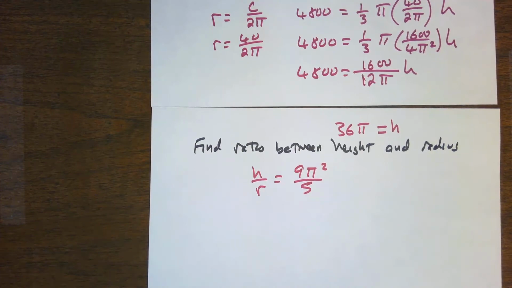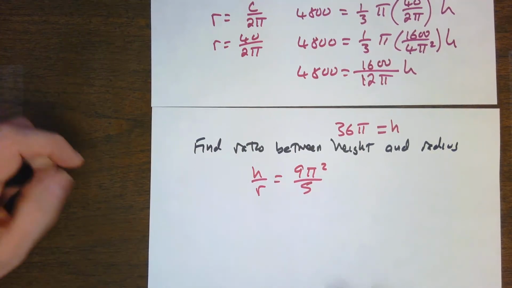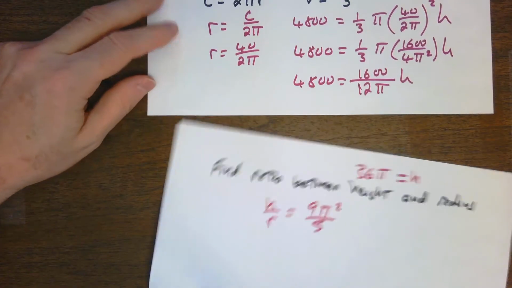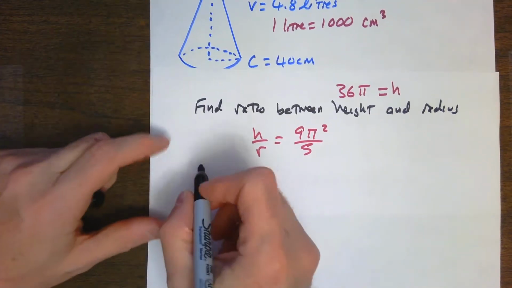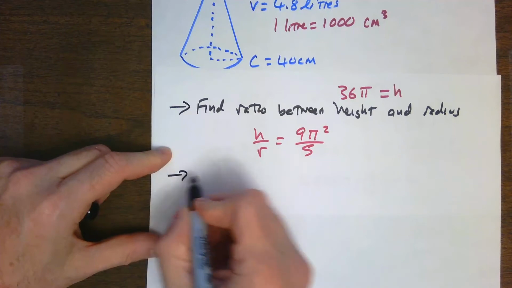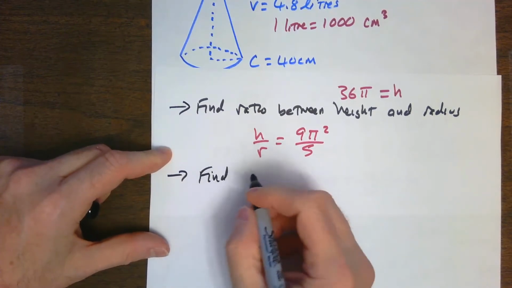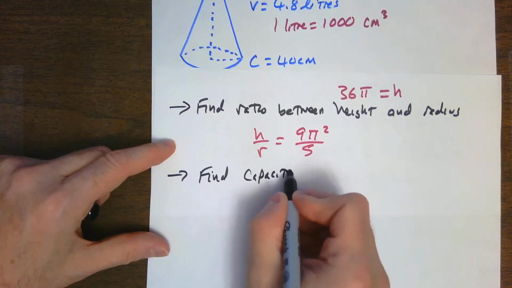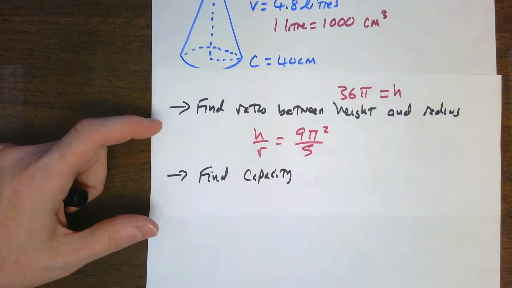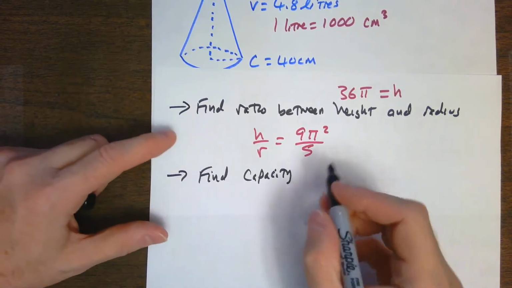All right. Next part. So that was the first part. Second part, find the capacity. Ooh, what does that mean? Find the capacity. Yeah, volume, right? Volume.